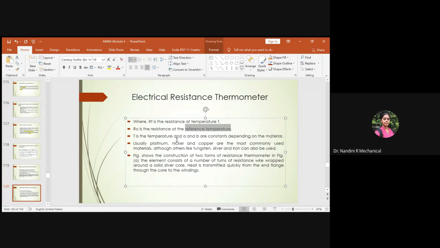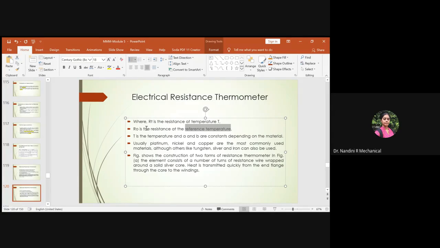From there, when you raise the temperature, the resistance changes. So what is the resistance at this particular temperature? You will have an idea of the resistance value at room temperature and the resistance value at the temperature where you need to measure.